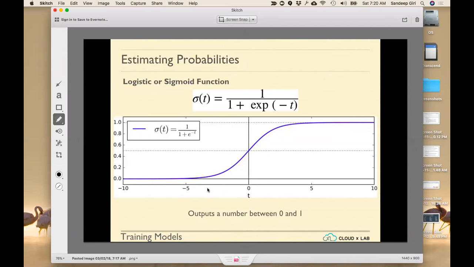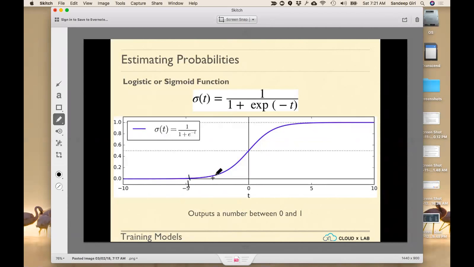Coming back to it, let's say after passing through the model, we got some number, let's say -5. Then we pass that number to the sigmoid function and we get 0. That means the email is not spam, and we say the outcome is negative, correct?